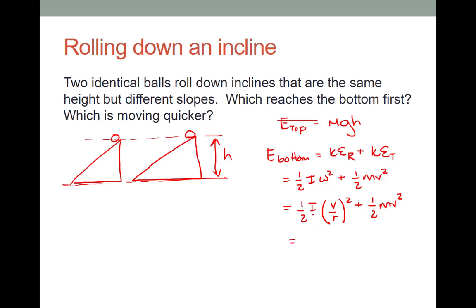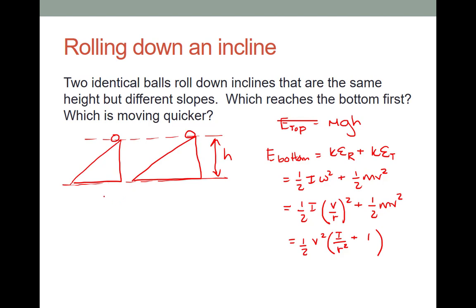I can now combine these two terms. I have a 1/2 in both of them. I have a v squared in both of them. In the first term, I have an I over R squared, and the second term is just 1.